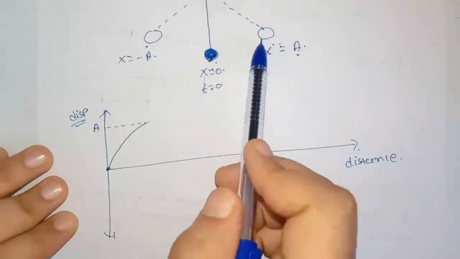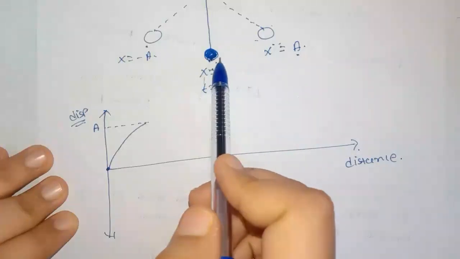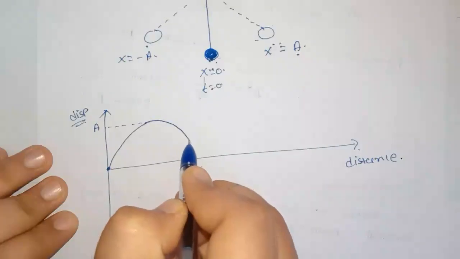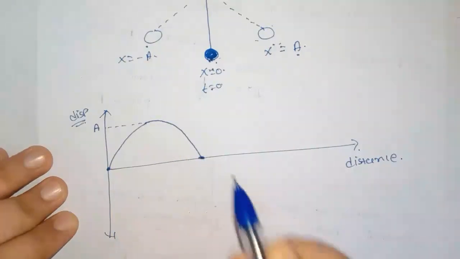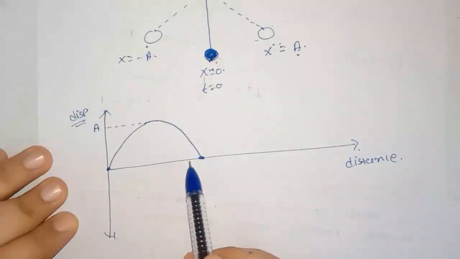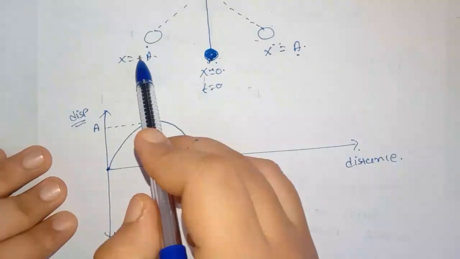But as we know, distance is always added, so displacement will decrease, but distance will increase. It will again reach the mean position, that is x is equal to 0, but distance is increasing. Now after that it will move towards x is equal to minus a.